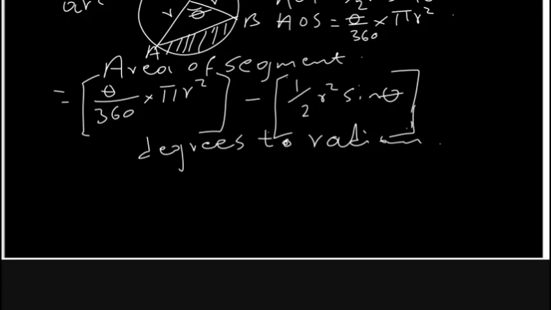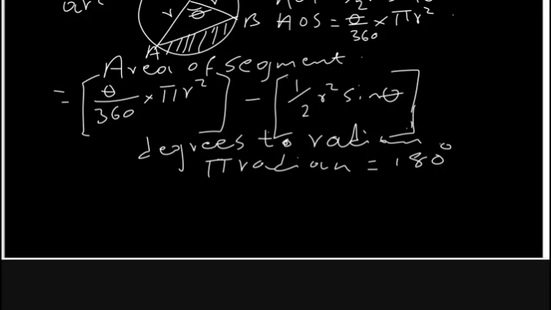Remember, we say that pi radians is equal to 180 degrees. Very, very important. It's an important conversion. So anytime you are given an angle to convert to radians, or you are given radians to convert to degrees, all you need to do is to remember that pi radians is equal to 180 degrees.